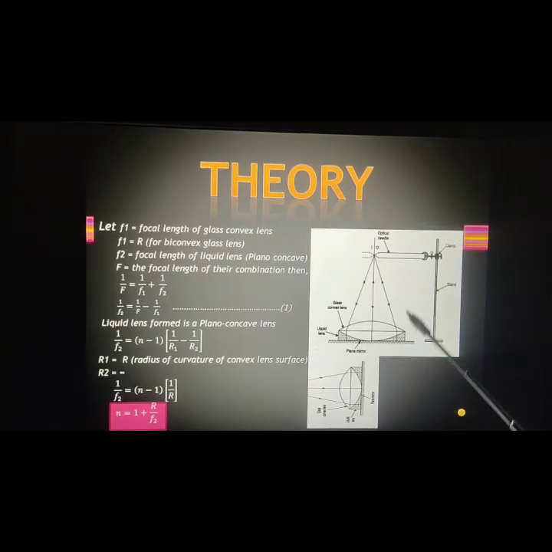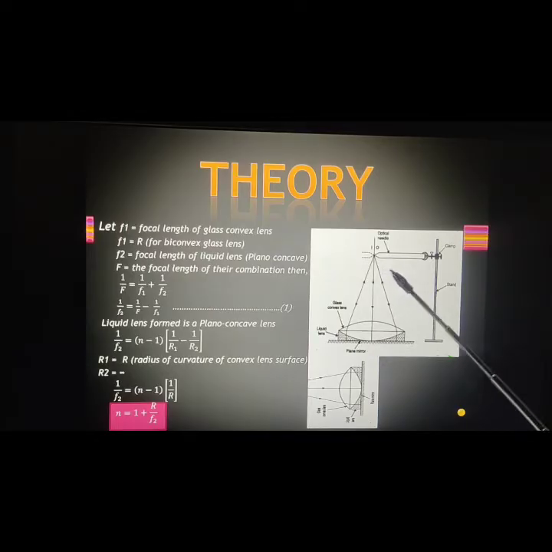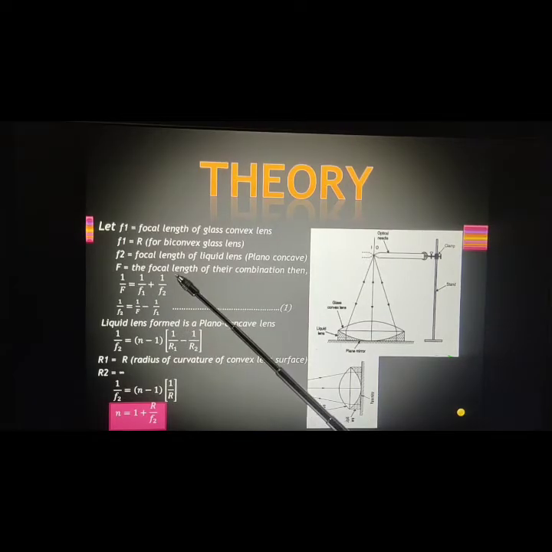And then we determine by the same method, we adjust the object such that we get the image next to the object, and when that condition is obtained, it is nothing but the focal length, capital F, of the combined lens, and the distance from the mirror to the object will give you capital F. So 1 over capital F is equal to 1 by F1 plus 1 by F2.